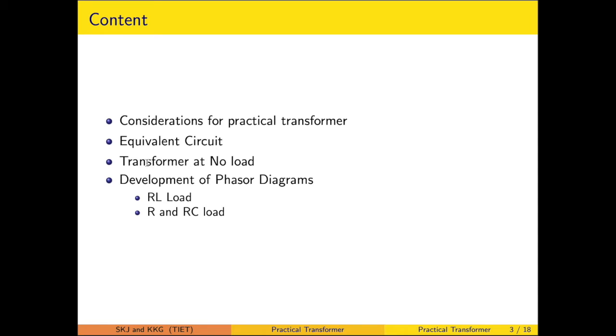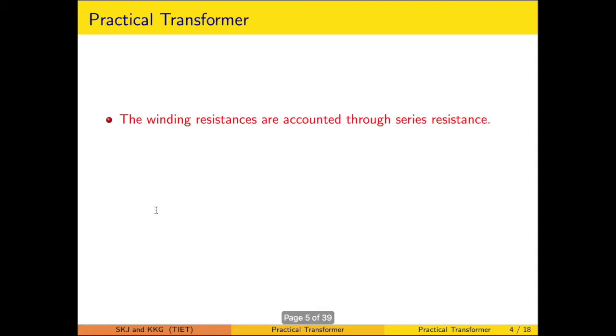Then the transformer behavior at no load is analyzed and the corresponding phasor development is carried out. After a brief introduction of the various steps, we develop the phasor diagram for the RL load, which is the inductive load, the purely resistive load, and the RC, or capacitive, load.